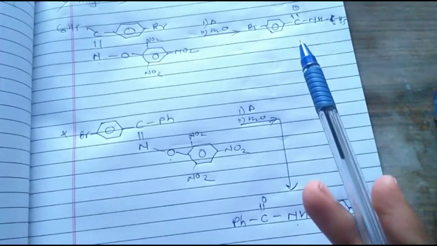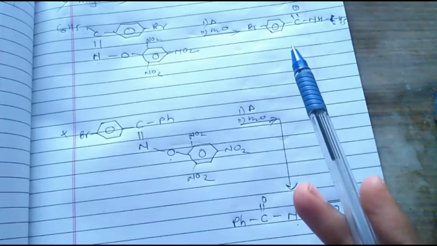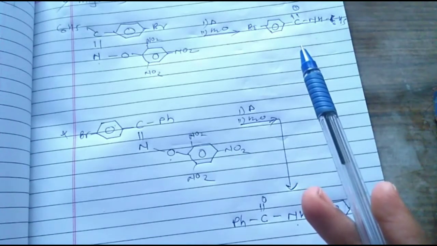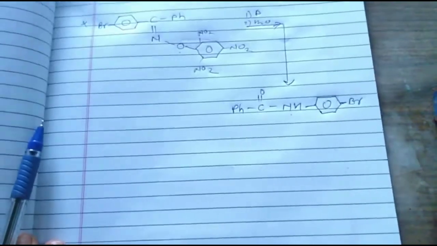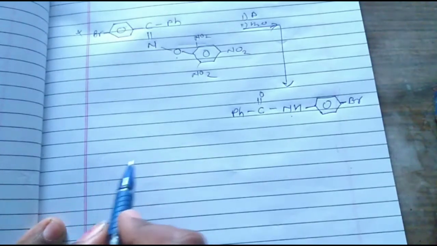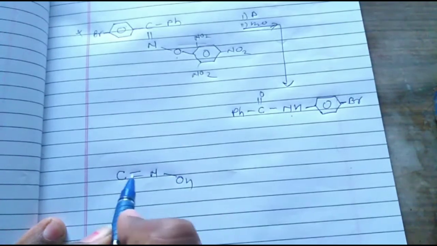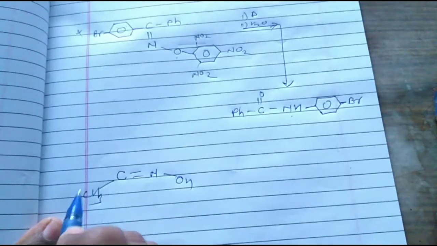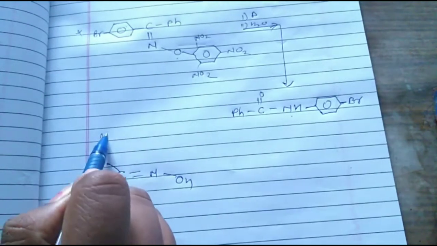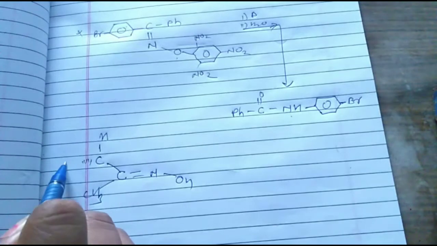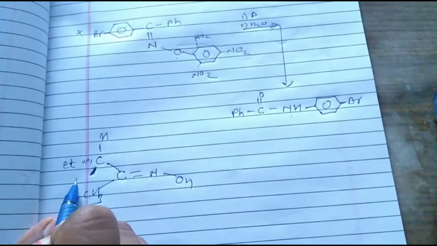And the second one is that whenever the migrating carbon of the substrate is chiral, let us take an example. If this compound is there, that is C double bond N OH, and here this carbon is attached to CH3, and the other carbon is attached to a chiral group, like this ethyl and a butyl.